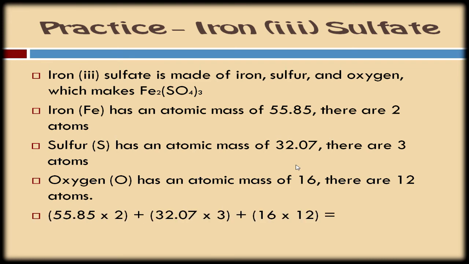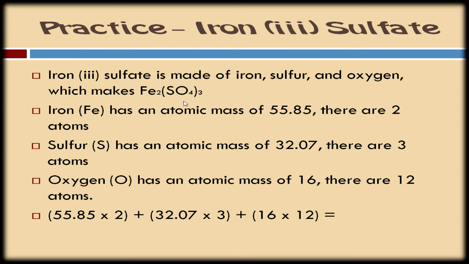So you add them all together. So you take 55.85, which is the atomic mass of iron, and you multiply it by how many atoms there are. There are 2. Now you take the atomic mass of sulfur, which is 32.07, and since there are 3 atoms, you multiply that by 3, and you add it onto iron's atomic mass.